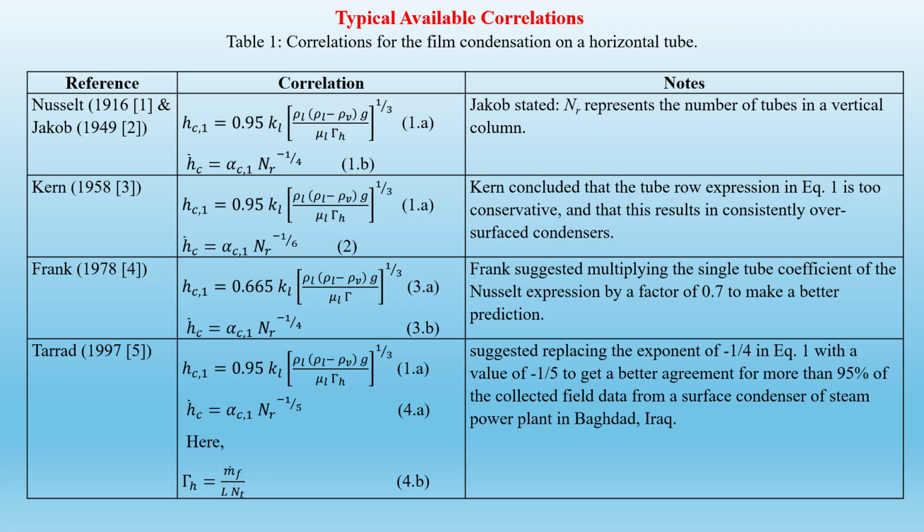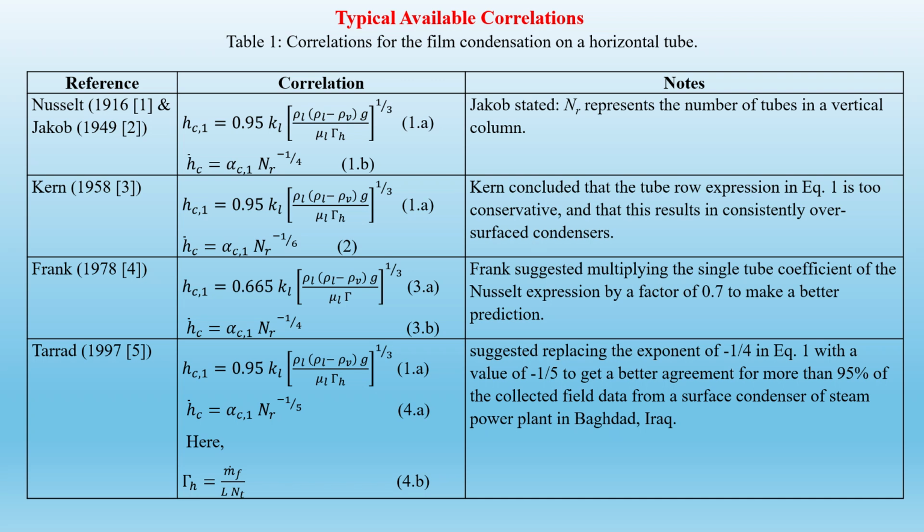So he has added a sort of correction to the single tube condensation by using equation 1b, where n sub r represents the number of tubes in a vertical column to the power minus quarter. And then Kern presented the equation which is based again on Nusselt equation by using nr to power minus 1 over 6.